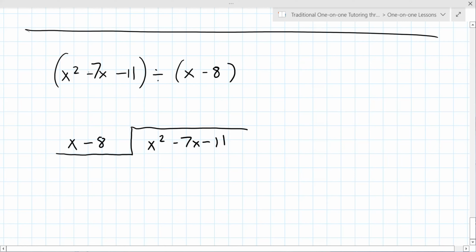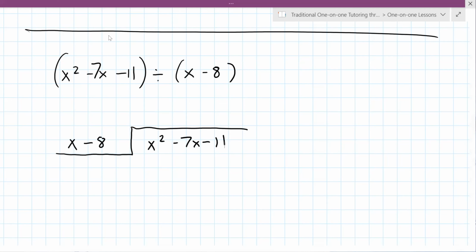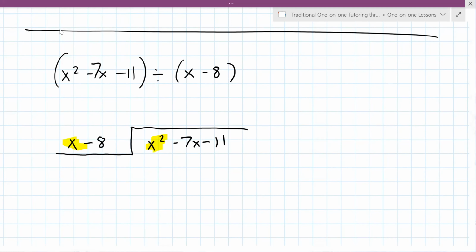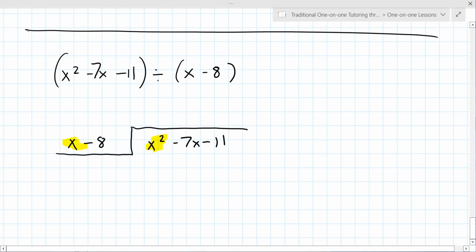The first thing always goes inside the house, and the second thing goes outside. Your focus is on the x squared and then the x. You ask yourself, what do I multiply x by to get x squared? The answer is just x.